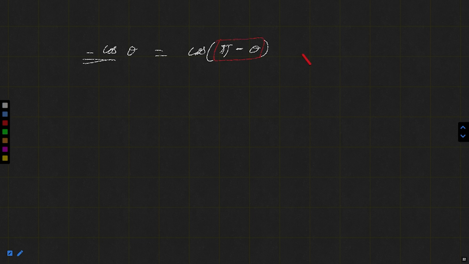Because this is whole pi, and subtracting some theta from it, we will be in which quadrant? We will be in the second quadrant, and in the second quadrant we know cos is negative, and whenever theta is subtracted from pi, the value will be minus of cos theta. Okay. So we can write minus cos theta as this.